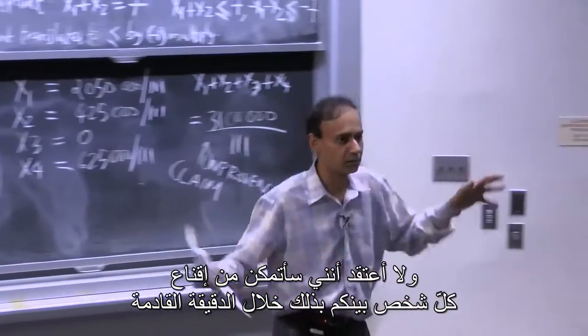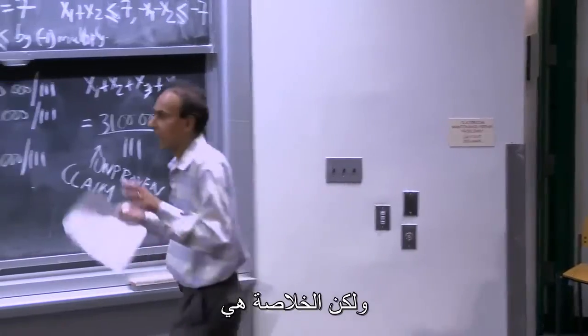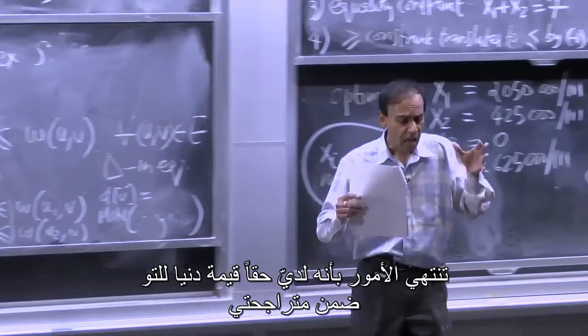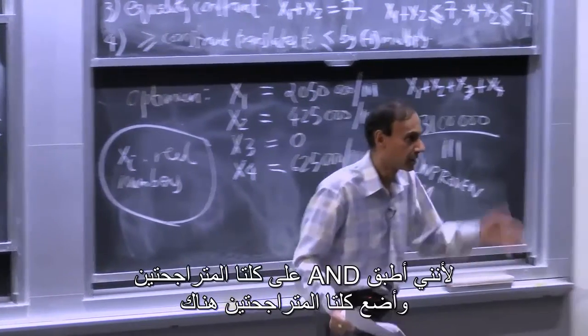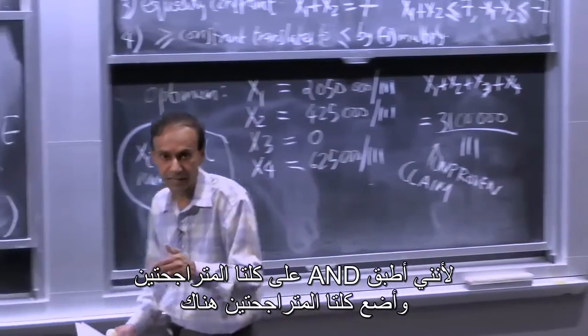I'm not sure I'm going to convince every one of you in the next minute or so, but the bottom line is I do have a min already in my inequalities, because I'm ANDing each of these inequalities and I'm putting down each of those inequalities in there, right?